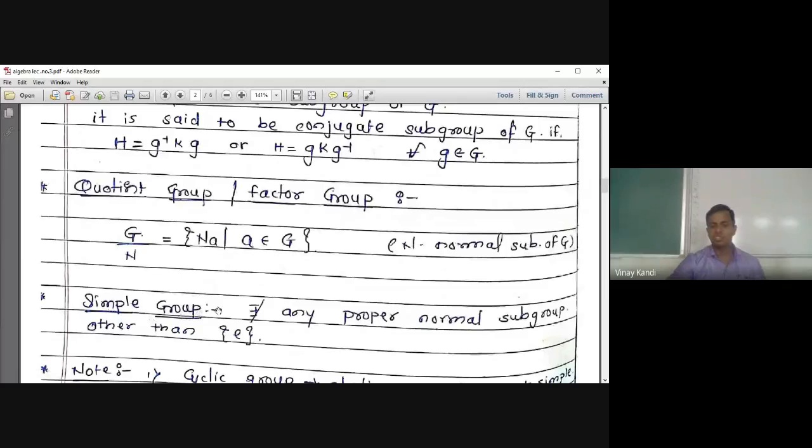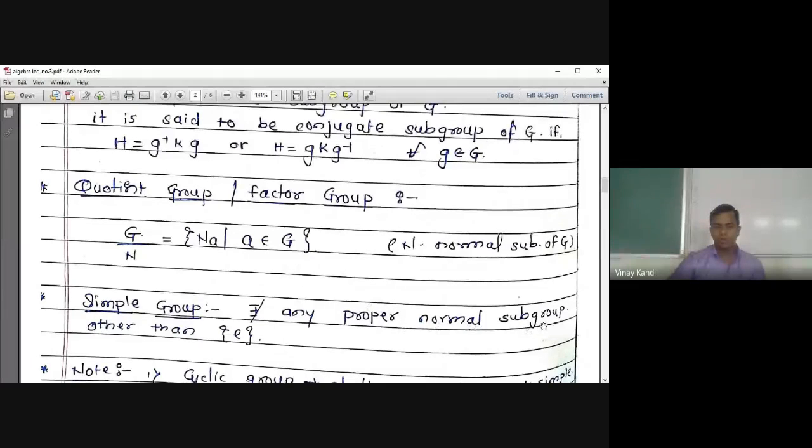If suppose G is a group, so there does not exist any proper normal subgroup. Proper means properly contained in that group. Suppose H is a normal subgroup of G, then H is contained in G, but not equal to G, then H is called a proper normal subgroup.